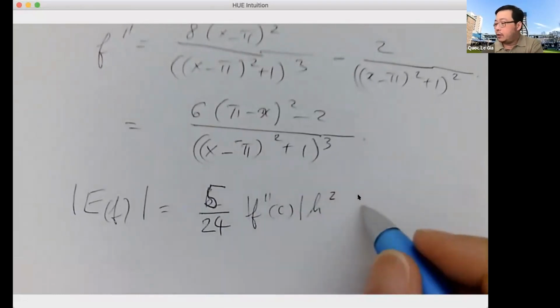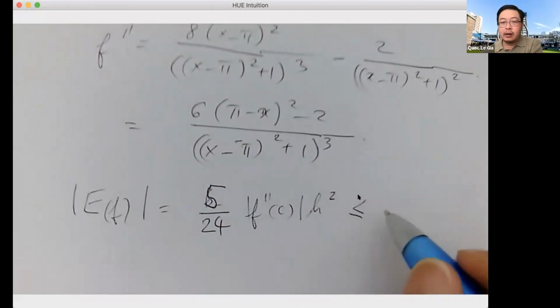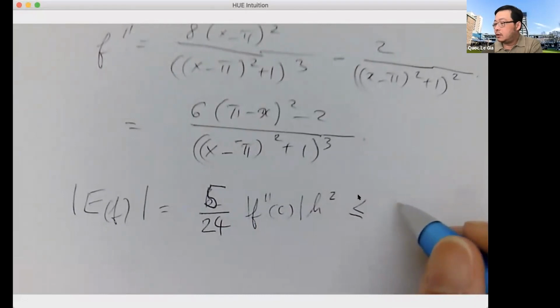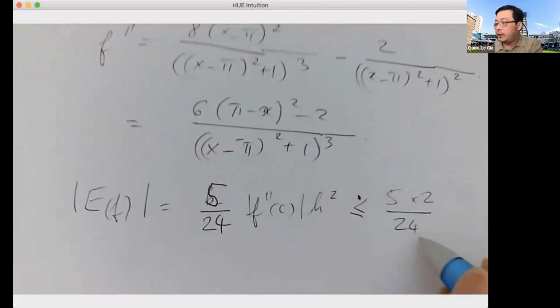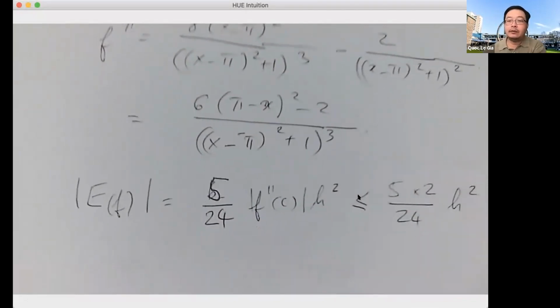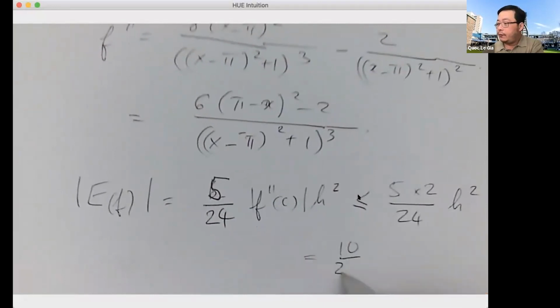And I know the maximal value is just 2, right? So 5 multiplied by 2 over 24 h squared, which is just 10 over 24 h squared, in absolute value. And I want this one to be less than 10 to the minus 4.